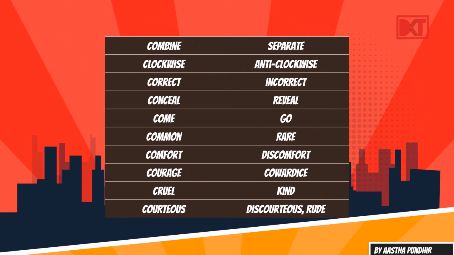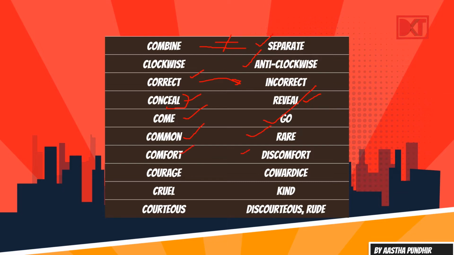Okay, so here you can see a few examples. Combine is the antonym of separate. Clockwise opposite is anti-clockwise. Correct, the antonym is incorrect. Conceal, which means to hide something. Reveal means unveil it, show it. Right. Come and go. Common and rare.